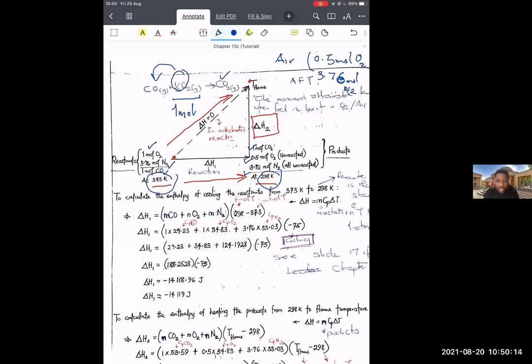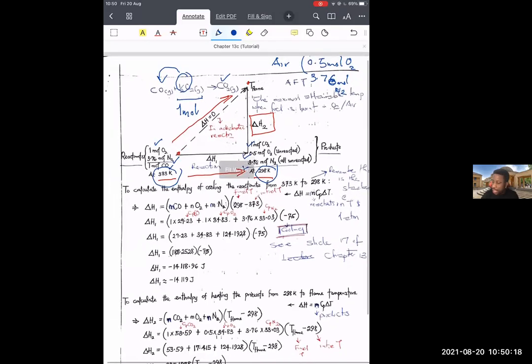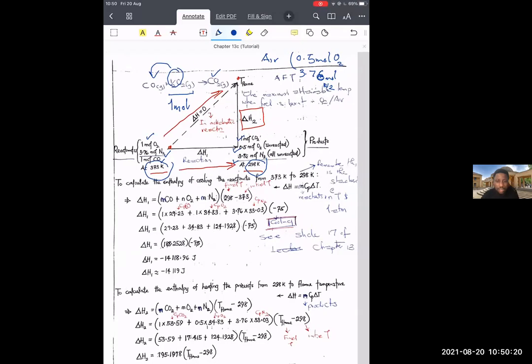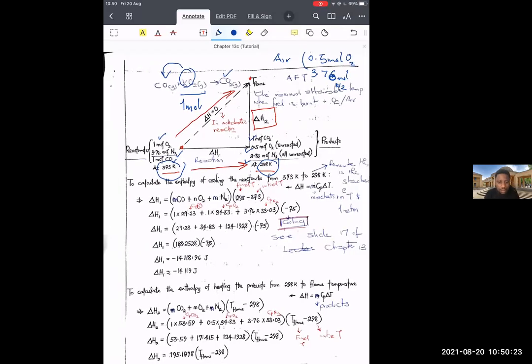Let me pause there to see if there is anyone that needs clarification on this. Are we all clear on that? I want you to quickly take that in and see if there's something you need clarity on before I move on.